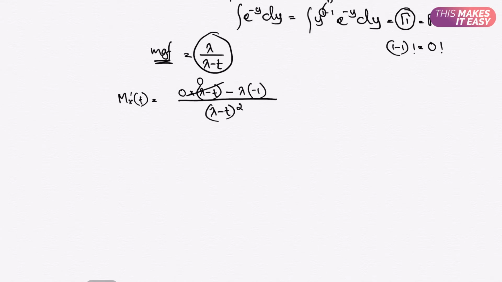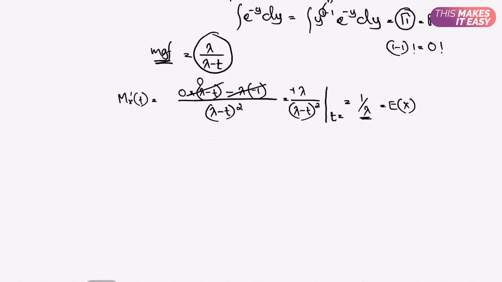This becomes 0. This becomes plus lambda. Setting t equal to 0, we will get 1 by lambda. So this is nothing but the first moment, that is the mean of exponential distribution.